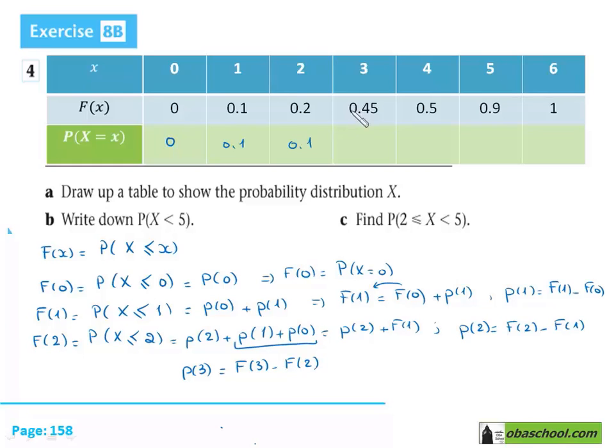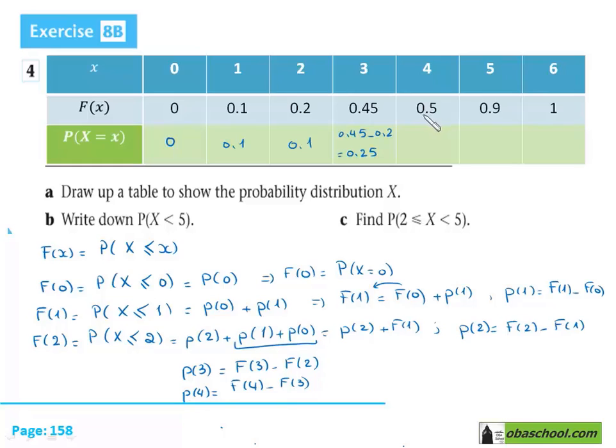We subtract from the value of 3 the value of 2. So here we have 0.45 minus 0.2. The answer is 0.25 and so on.